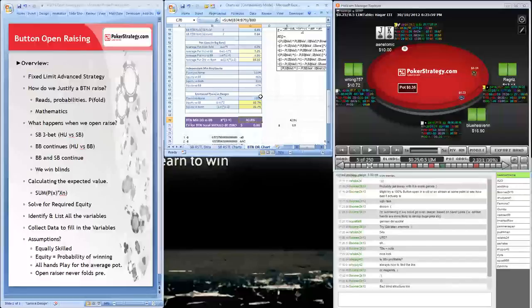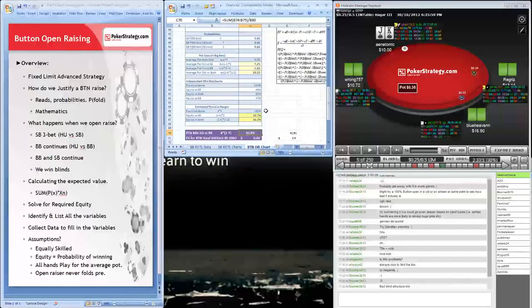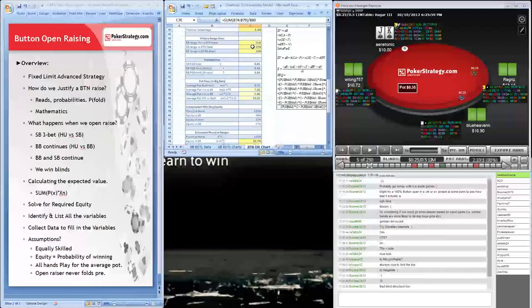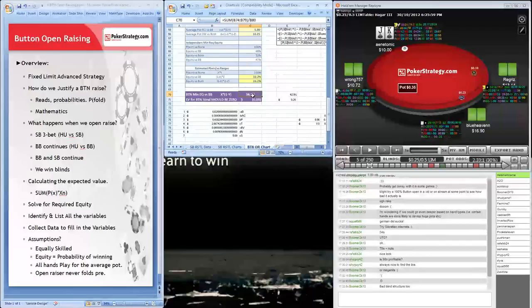Now it's 40%, right? Let's say we've got a tighter guy in the big blind. This makes a big difference too. Let's say he's like a super nit, not the nits we've seen so far. Small blind range versus the button steal. Let's say he's stealing 8% of the time, always 3-betting. Now our equity is only 38%, right?